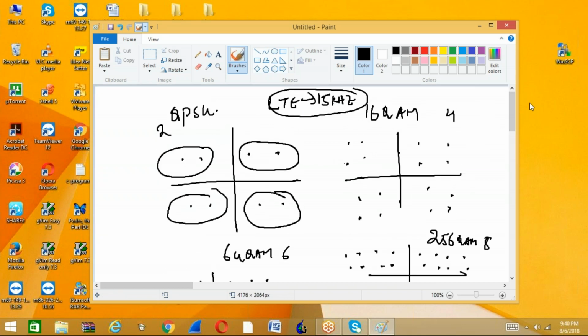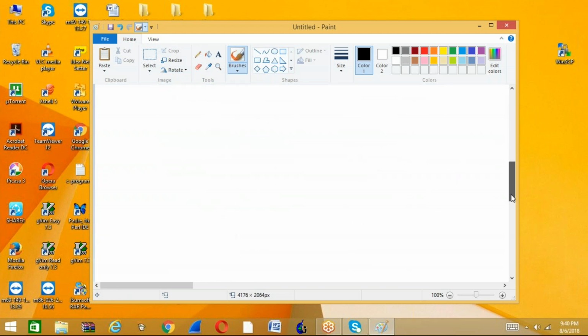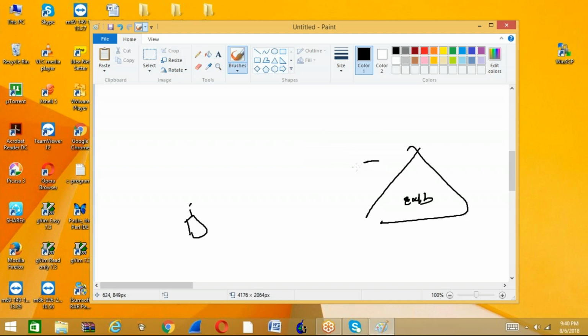Now, for example, there are some losses. Whenever there are losses, there will be some disturbance in these dots, meaning they will be out of their phase, out of their position. This is the bandwidth and this is the base station. From the base station to the mobile, these dots travel in the bandwidth, and there are some losses.